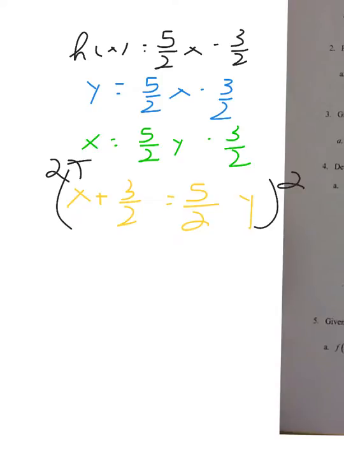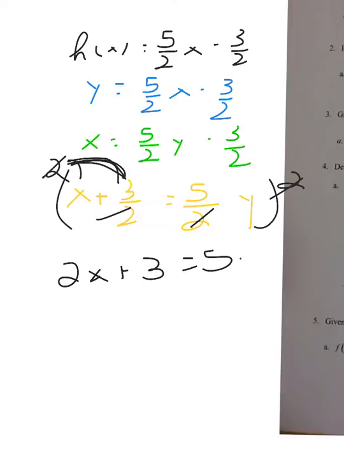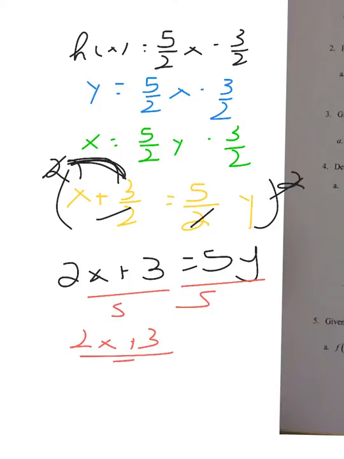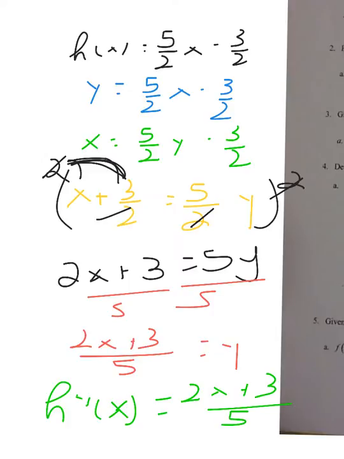So you have to make sure you distribute. So I get 2x. When I multiply this here, I get rid of the 2's. So I'm just left with plus 3 equals. The 2's get rid of here. And we're left with 5y. Divide both sides by 5. 2x plus 3 over 5 is equal to y. And that would be the inverse of h of x is equal to 2x plus 3 over 5. All right, so let's take a look at 4.